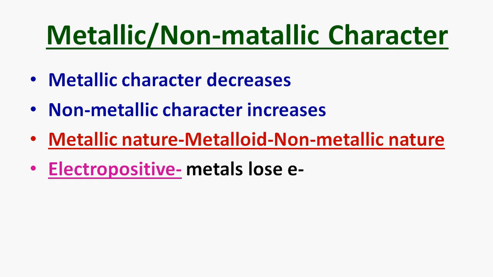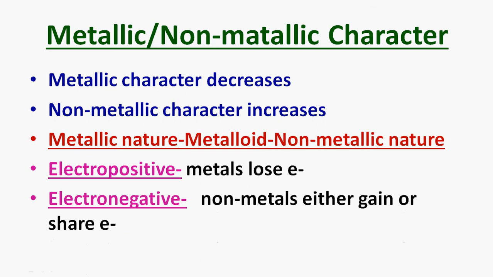Okay. So from here you should know what electropositivity is. You know that when two atoms are exchanging electrons, one atom is gaining electrons and the other atom is losing electrons. So metals lose electrons, so they are electropositive in nature. And electronegativity is vice versa of the electropositive nature, it means that non-metals are gaining.